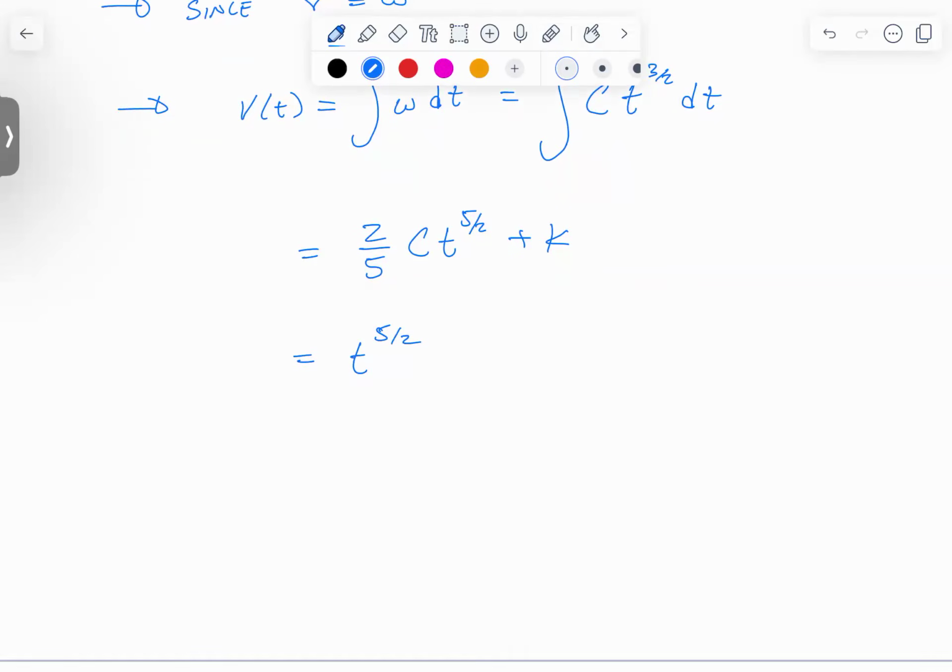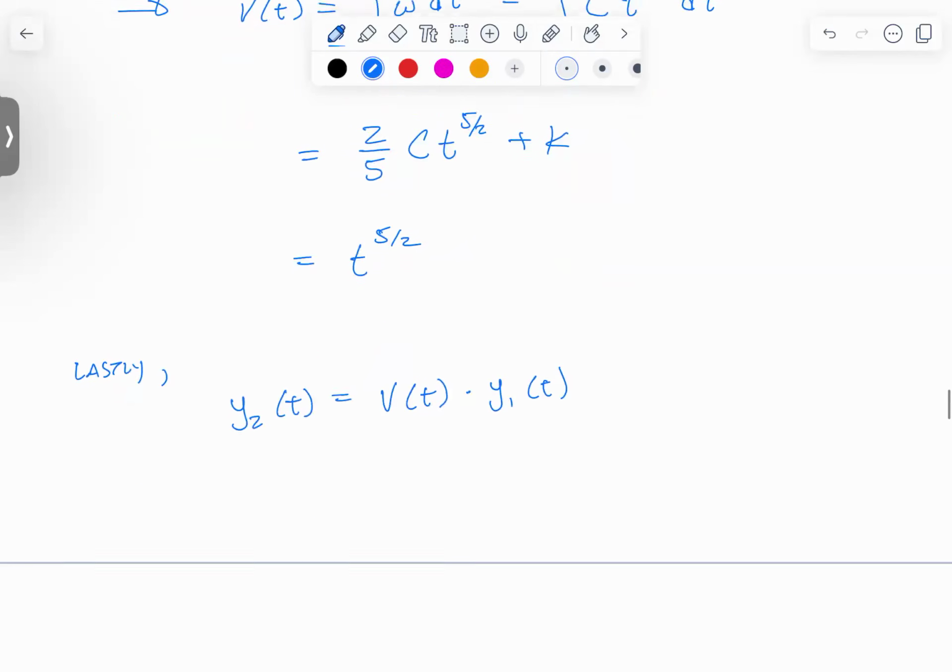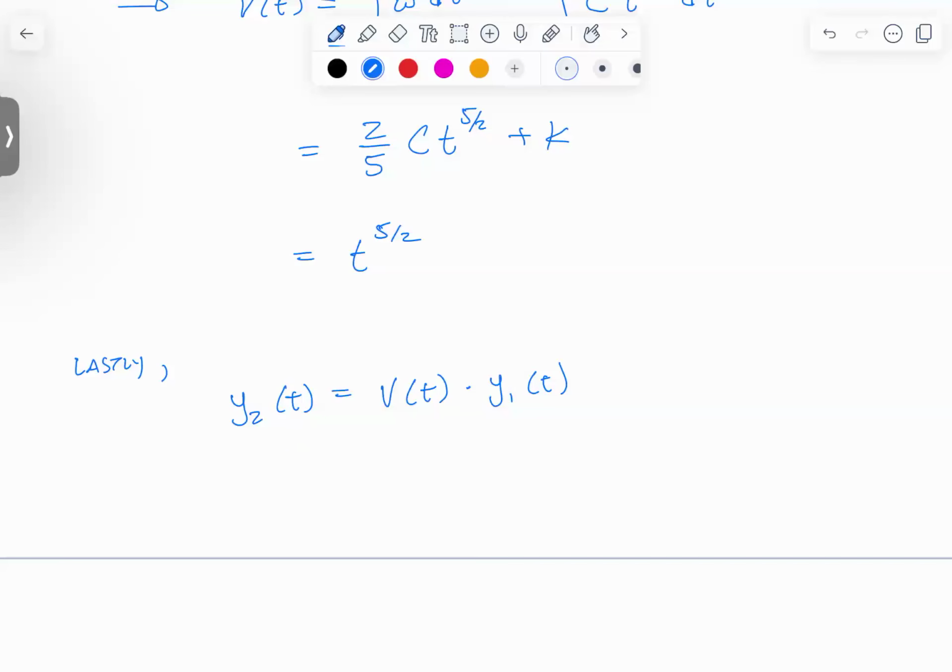So I got my v of t. And then lastly, y2 of t, we defined from the beginning, was v of t times y1 of t, because one solution is a multiple of another solution. We just have to figure out what that is.